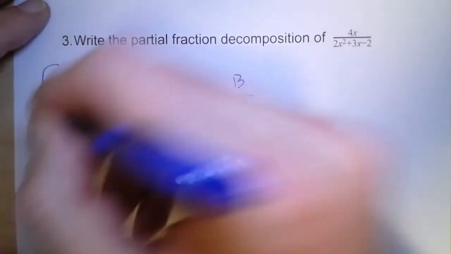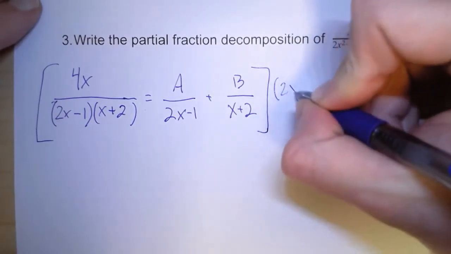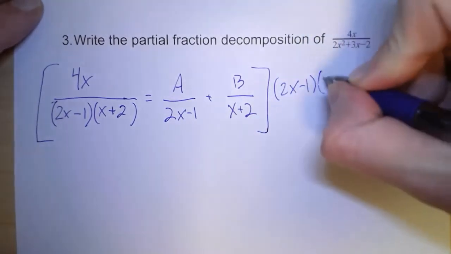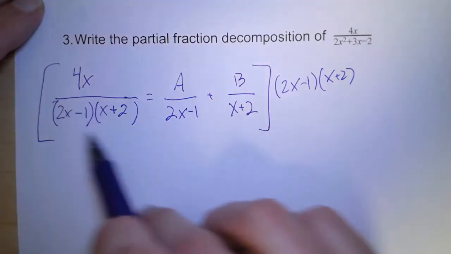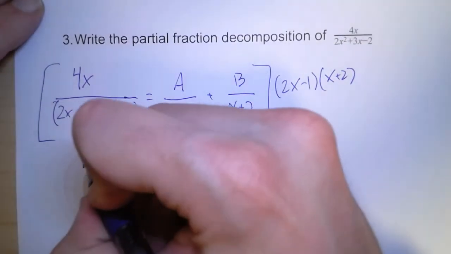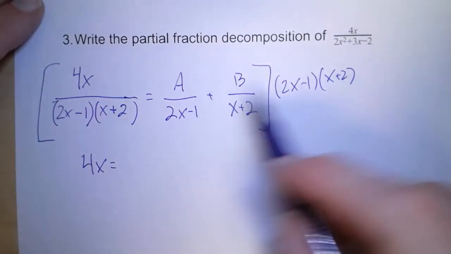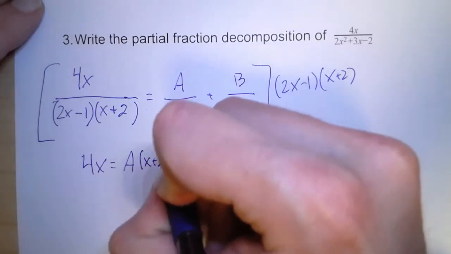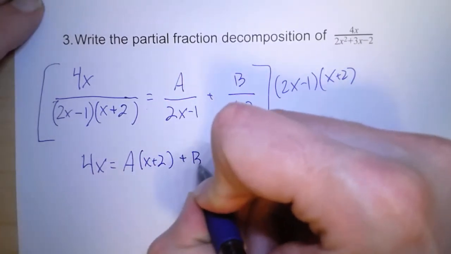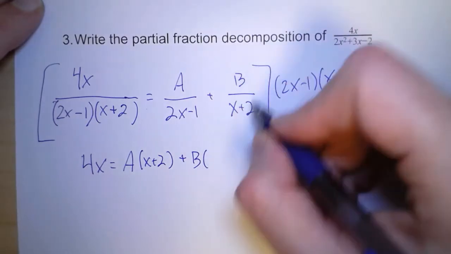Now we multiply by this denominator, 2x minus 1 times x plus 2. So all the denominator will cancel out here on the left, leaving 4x. Over here, the 2x minus 1 cancels when we multiply, leaving just x plus 2. And then we're left with 2x minus 1 when we multiply this onto here.